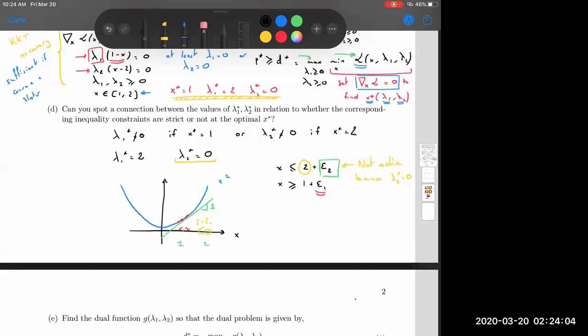And here you can see that lambda 1 star is equal to 2, which is actually the slope of the tangent of x squared at x star is equal to 1.